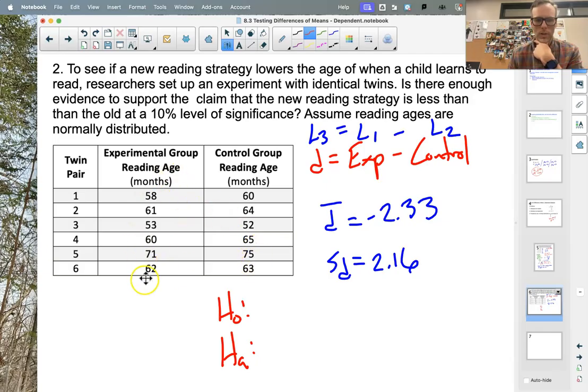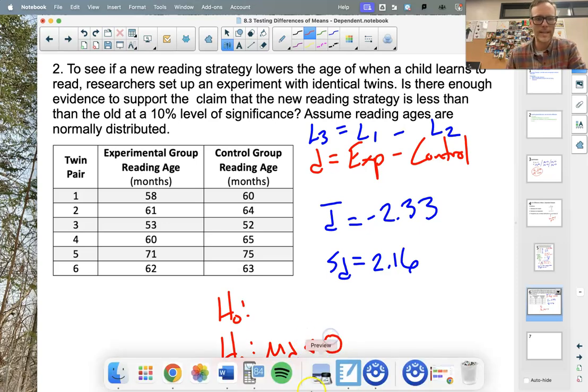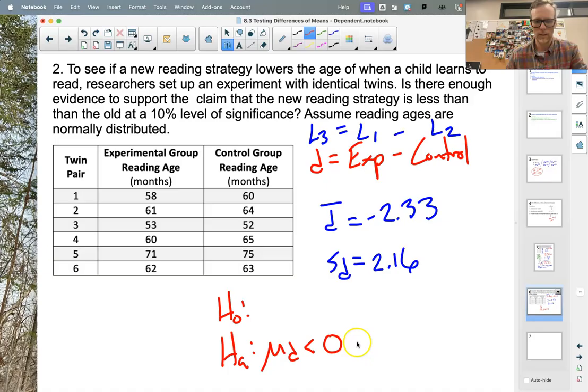So if we are taking a smaller number and subtracting a bigger number, we want that to be negative, don't we? We want the mean, well, that's an ugly mu, the mean of the differences to be negative. That would mean that the experimental group is younger than the control group. When you take this number minus that number, you get a negative.